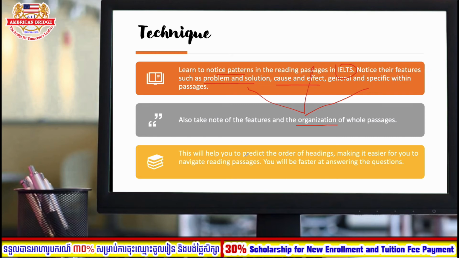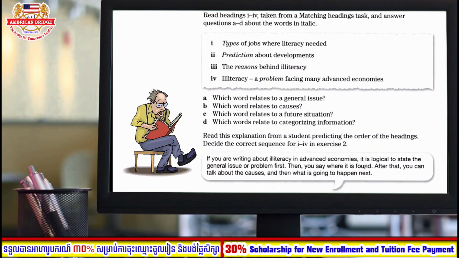For this, it will help you predict the order of the headings, making it easier for you to navigate the reading passage. You will be faster at answering the questions. So if you look at these headings, there will be a type of specific heading.